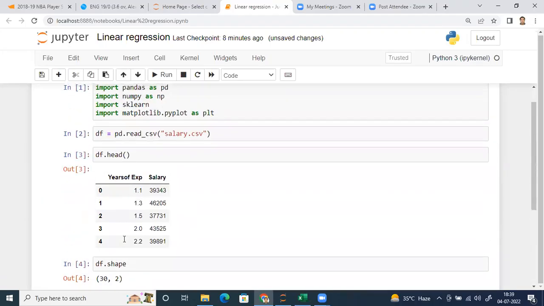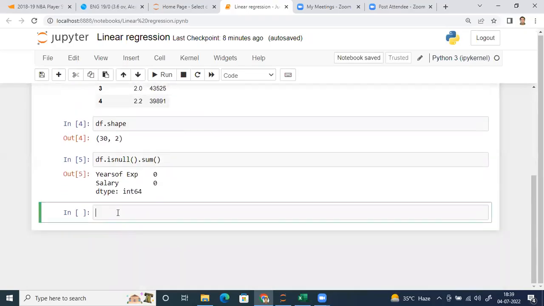Okay, let me separate X and Y. So X is my years of experience, Y is my salary. We have only one column, so there's no need of dropping or something, but I can use it if I choose. So I can mention df.drop, the column name is salary, and axis equal to 1.